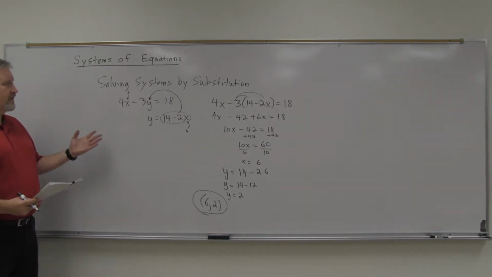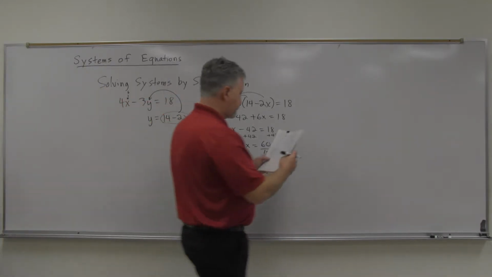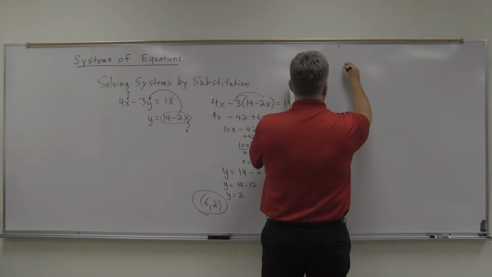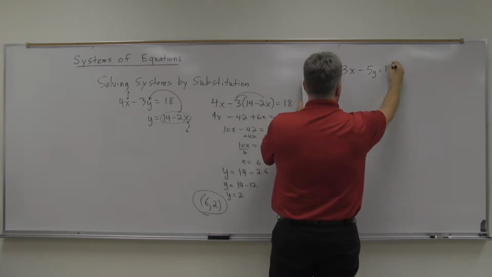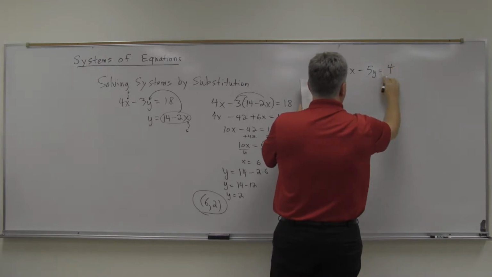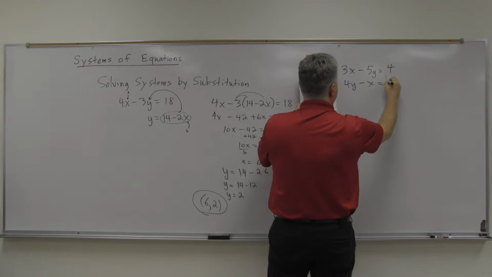Now, the other thing I mentioned on the substitution, like if I did this one, 3x minus 5y equals 14, 4y minus x equals 1.